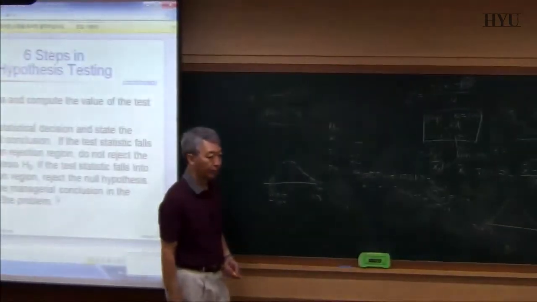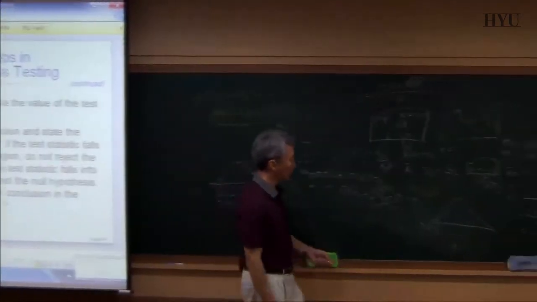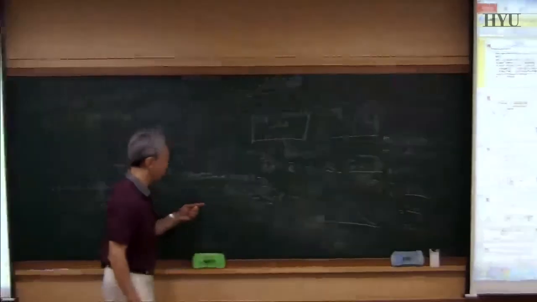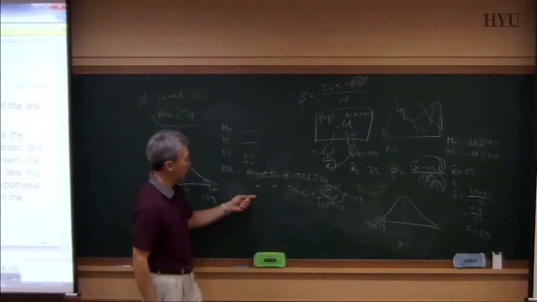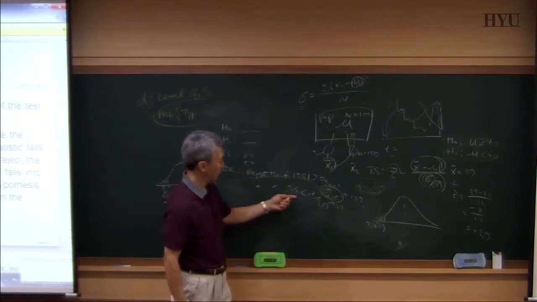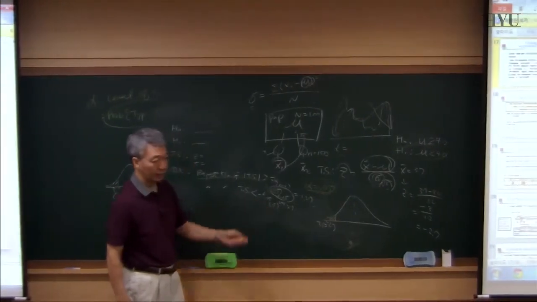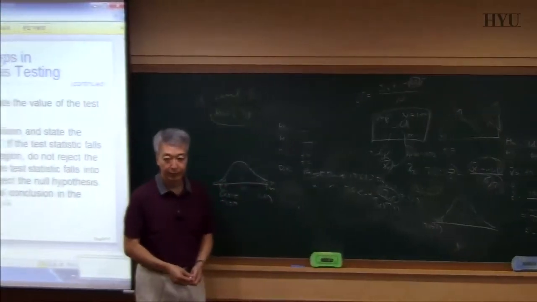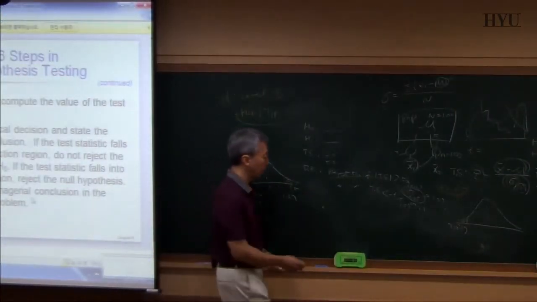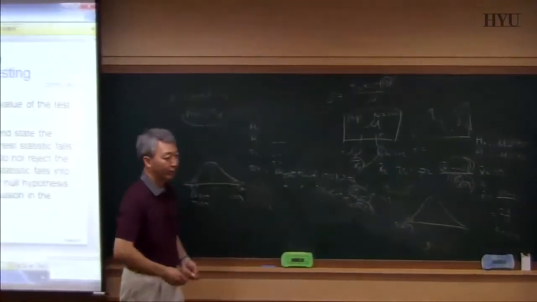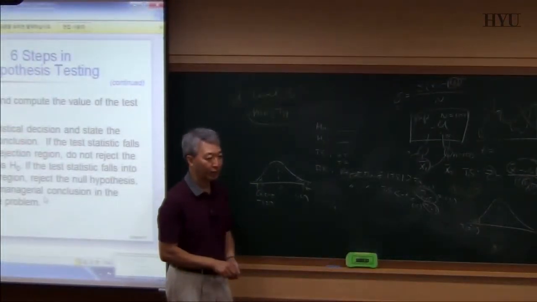If you're running this lower tail test, then you can be this specific. I'm just making up this number. I'm not sure what this number is. You can find it out from the t table.